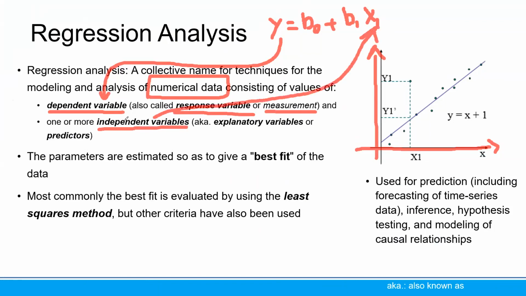So the x1 is the independent variable. It can be one or more. So there can be one variable, two variables, three variables, and so on. And we can say they are the explanatory variables, or sometimes we call them predictors.